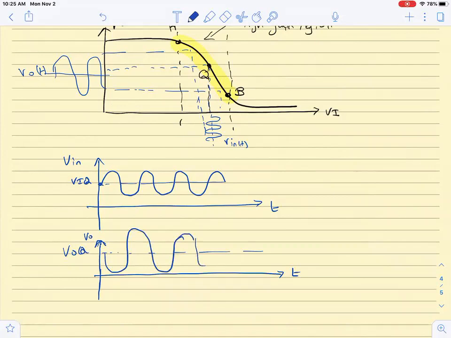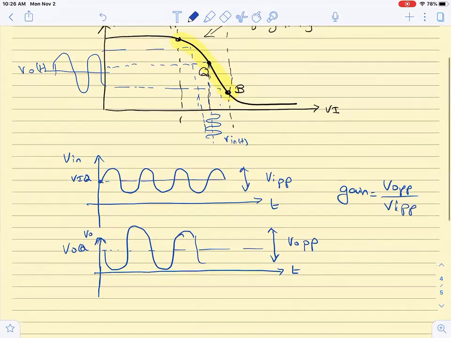The output has Vo peak to peak, and the input has Vi peak to peak, and we have a certain gain, Vo peak to peak over Vi peak to peak.